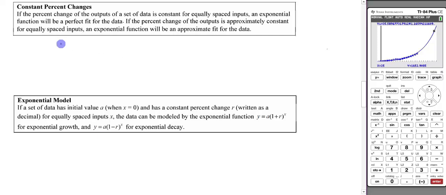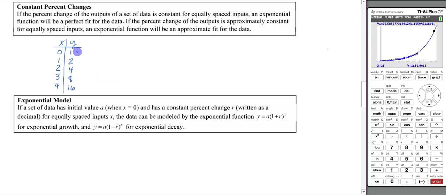For example, if I had a set of data with these x values, and I have the set of y's for the data, then you can find the percent increase.